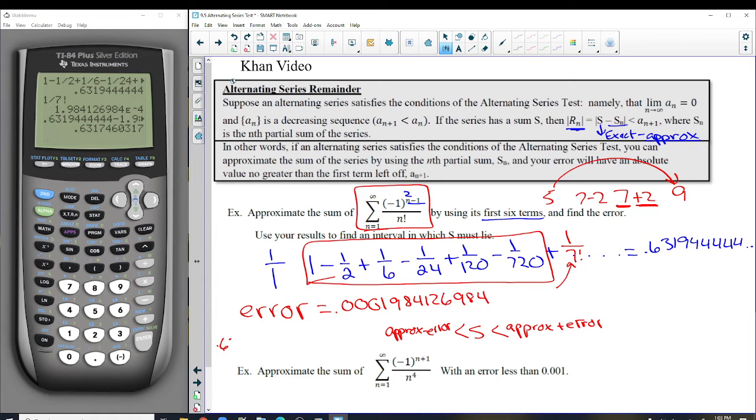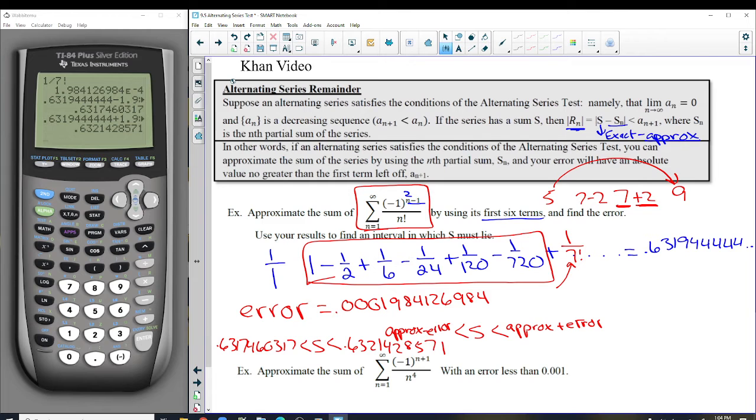So 0.6317460317 is less than the actual value, which is less than, now we're going to take the approximation, which is up here, and add the error. 0.6321428571.